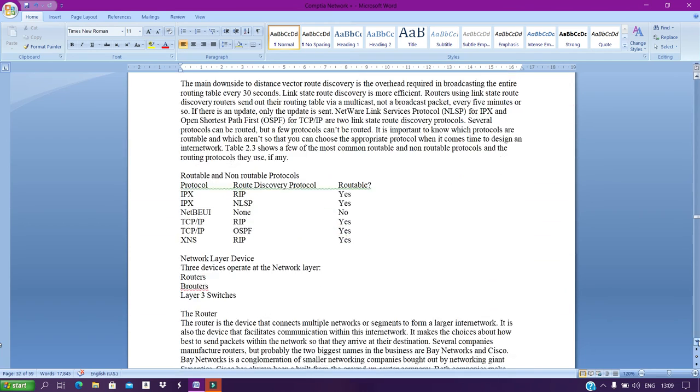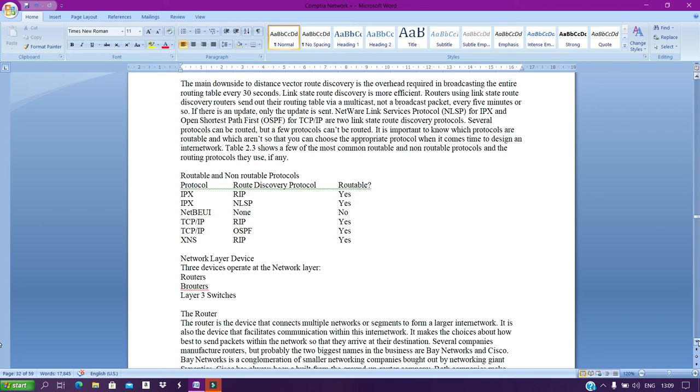The main downside to distance vector route discovery is the overhead required in broadcasting the entire routing table every 30 seconds. Link state route discovery is more efficient. Routers using link state route discovery send out their routing table via a multicast, not a broadcast packet.